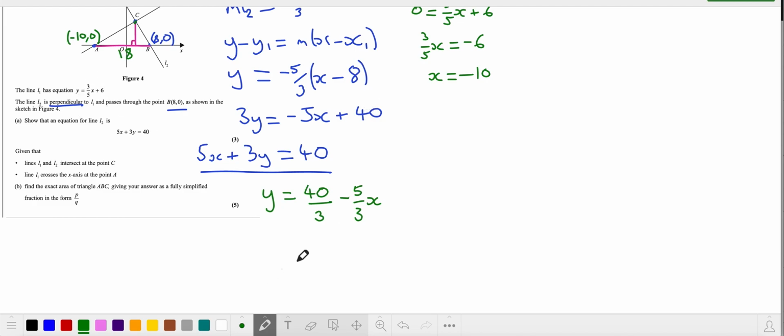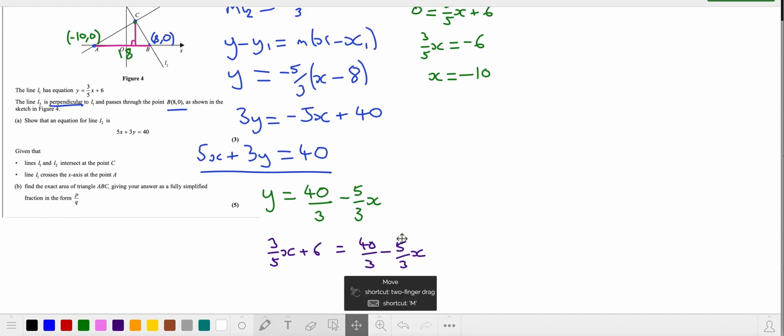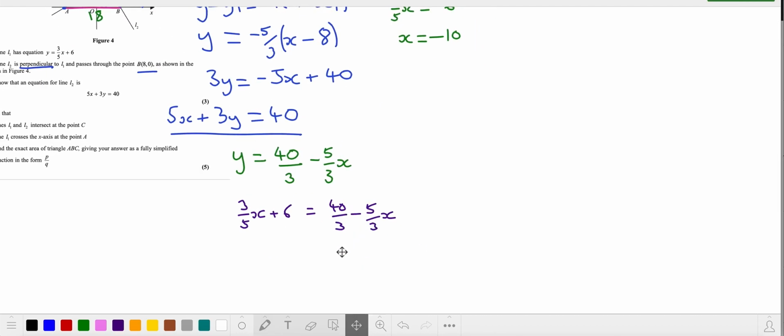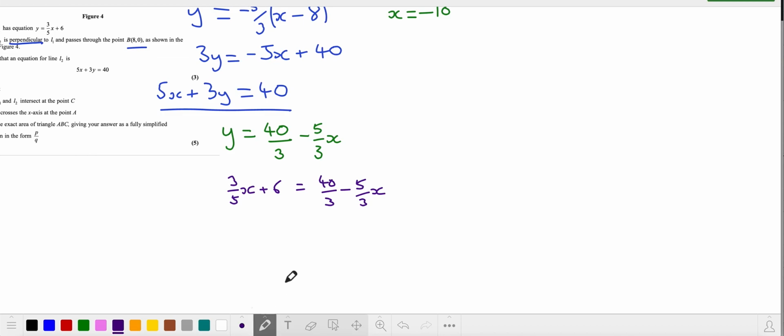Really doesn't make any difference at all. At the point of intersection, those two lines are equal. So we've got 3/5 x plus 6 equals 40 over 3 minus 5/3 x.